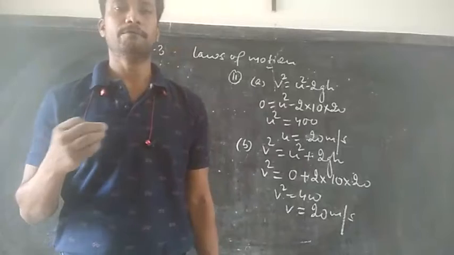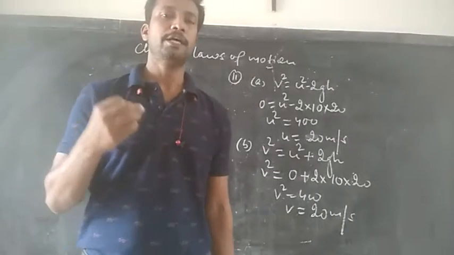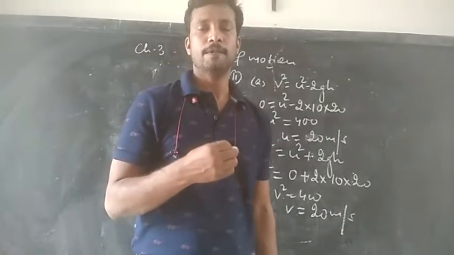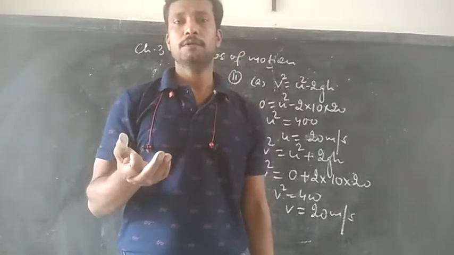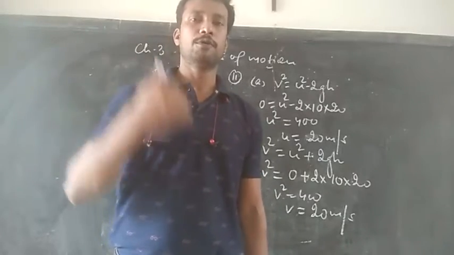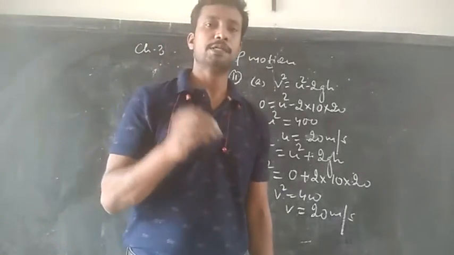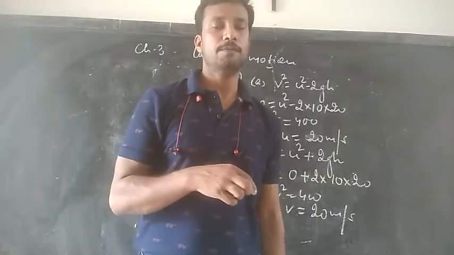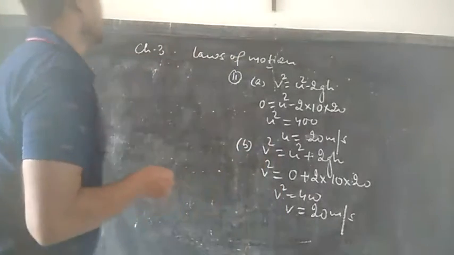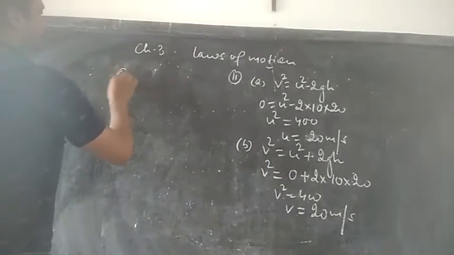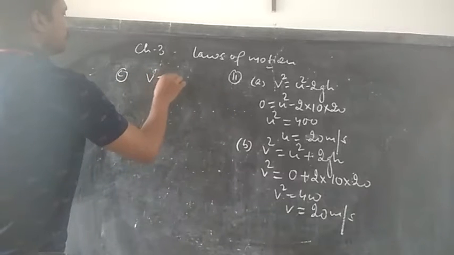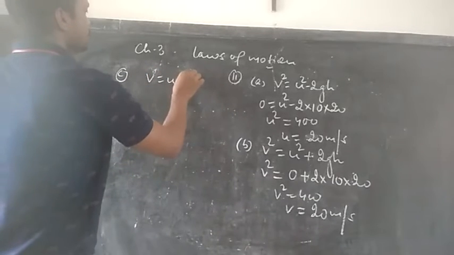Any one time you can find for one side of the journey, and that can be doubled because the time for going up and for coming down will be the same. We can use the formula v is equal to u minus gt.